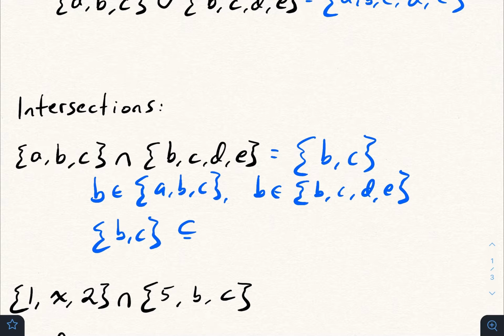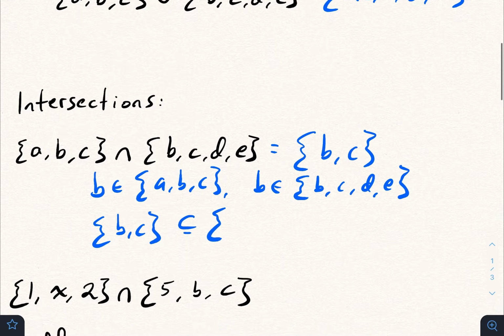Basically, what that means is that this intersection is a subset of both of the other sets that you took the intersection of. So BC is a subset of the set A, comma B, comma C, and also a subset of B, C, D, E.